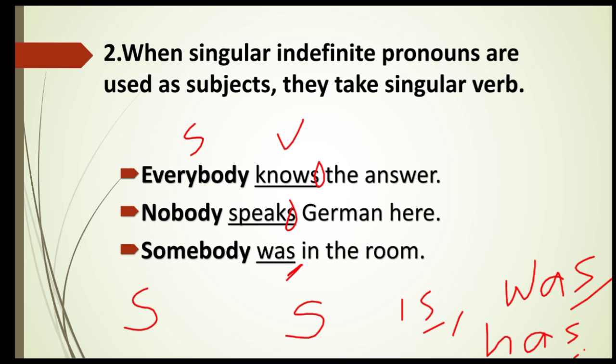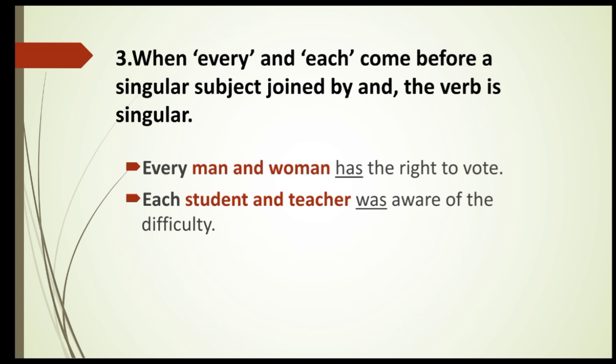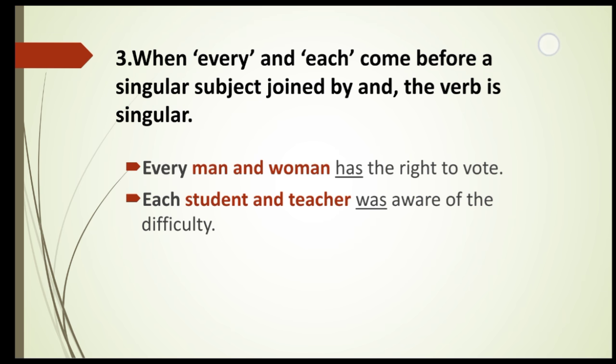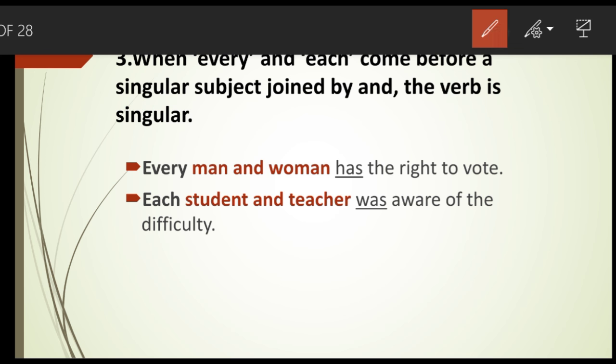So next rule. Rule number 3, when every and each come before singular subject joined by and, the verb is singular. Okay, so eto na yung medyo confusing na part. Pagka kasi may and yung ating subject, iniisip natin kasi plural yan eh. Let's say for example, man and woman. So, iisipin natin plural siya kasi it's joined by and.